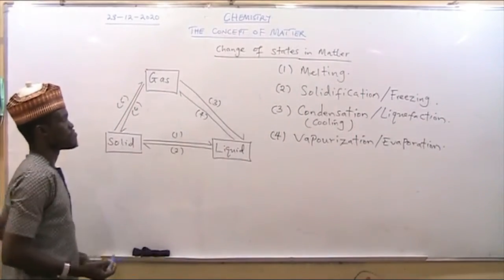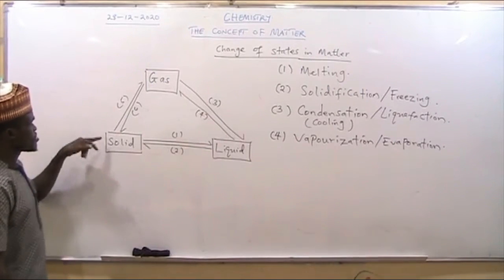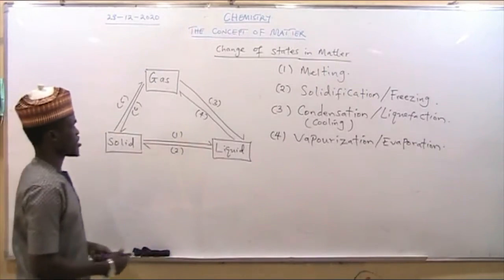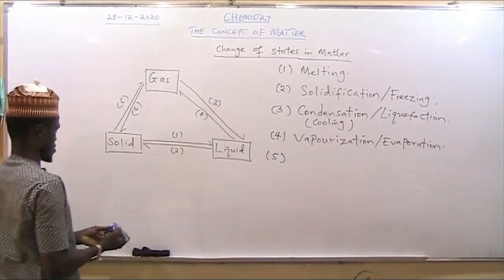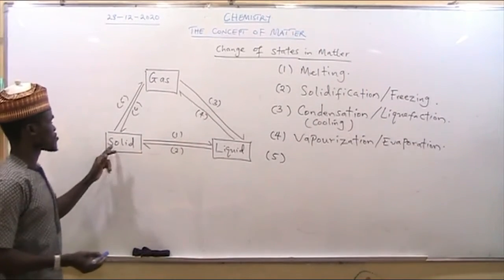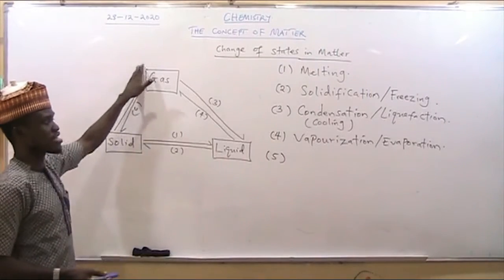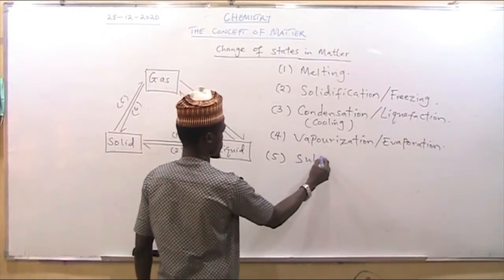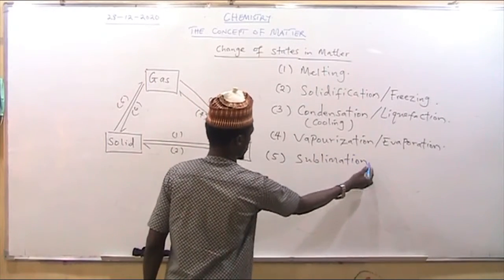Then we have process 5, which involves the changing of solid to gas. Let's say for example iodine crystal. Iodine crystal can change from solid state to gas through a process known as sublimation. Okay, this is sublimation.